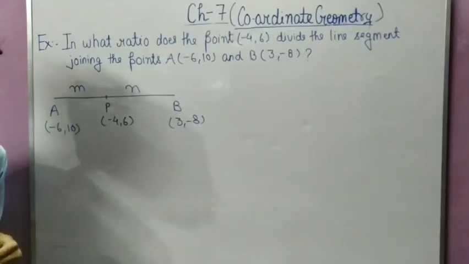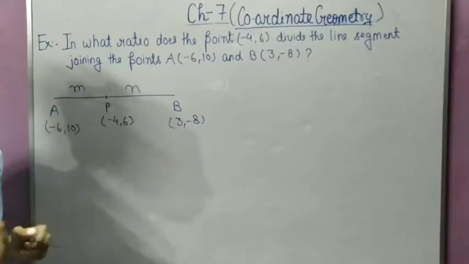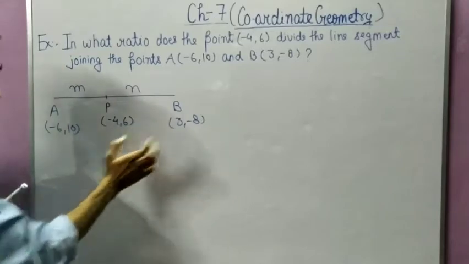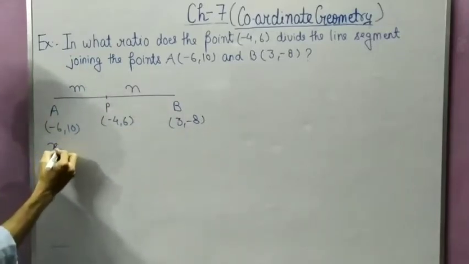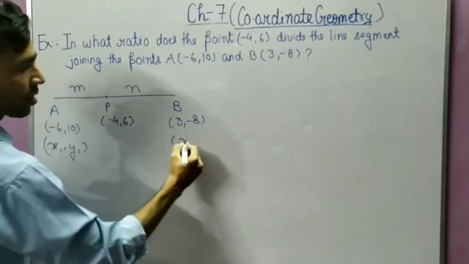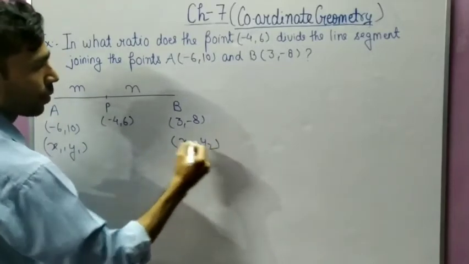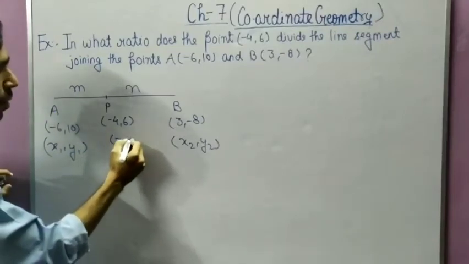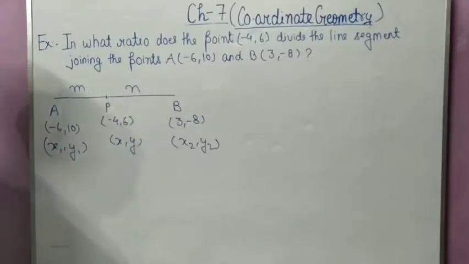So I am going to use the first formula. First, the coordinates of A and B are given. Suppose A is (x1, y1), B is (x2, y2), and this point is known as (x, y), and the ratio we don't know.